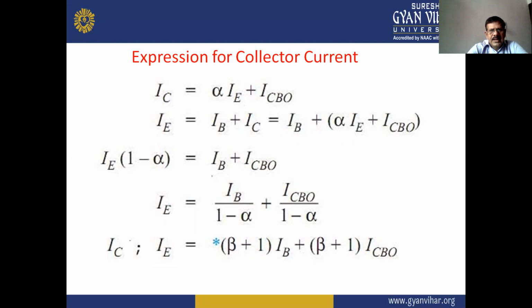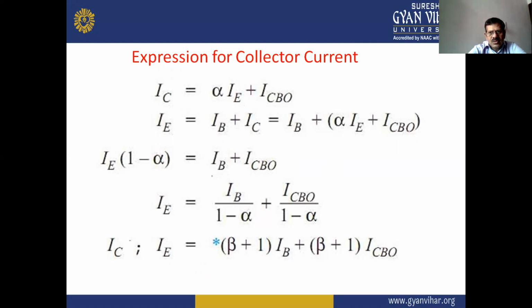Next, the expression for collector current IC. We know that IC equals alpha IE plus ICBO, and also IE equals IB plus IC, so IE equals IB plus alpha IE plus ICBO.